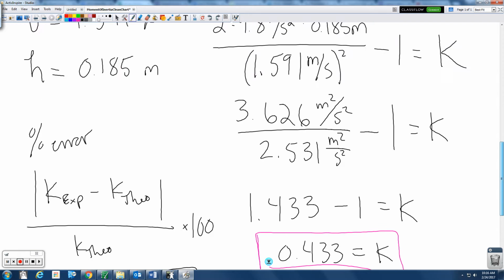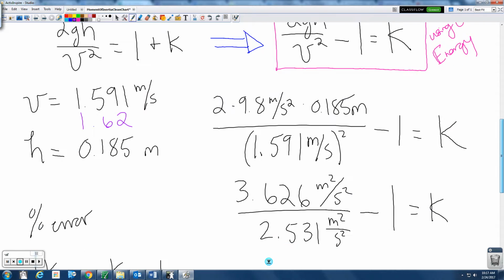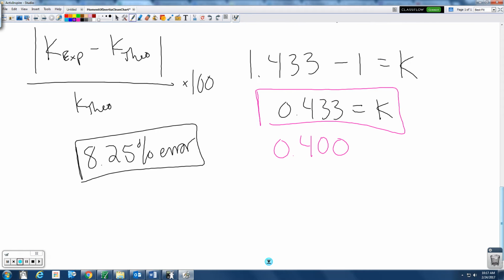If you remember the 4 black metal tracks that are all lined up, I had a different trial with a different sized ball. I had 1.62, I think it was, or 1.6105. So there are various reasons that could be. This is where we would talk about in our analysis and conclusion what could have contributed to the error.